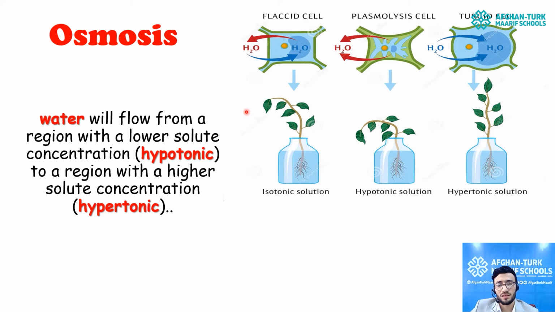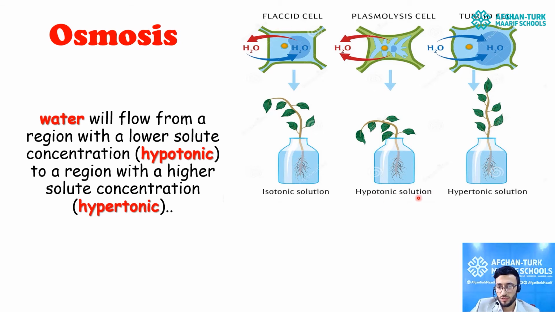The same example is shown in another illustration. In this video you can see 3 different bottles that possess 3 different types of solutions, hypertonic solution, hypotonic solution, and isotonic solution, and the effects of these solutions on the plant cells. In isotonic solutions, the cell absorbs water in the amount of the need, so the cell is a flaccid cell.